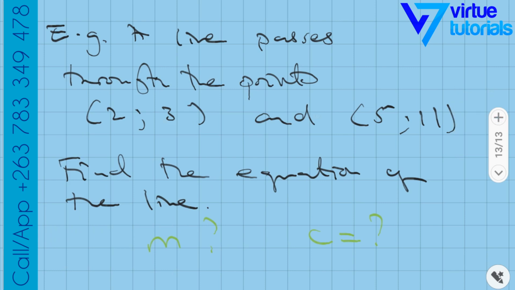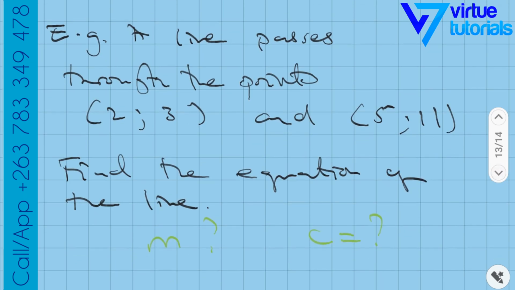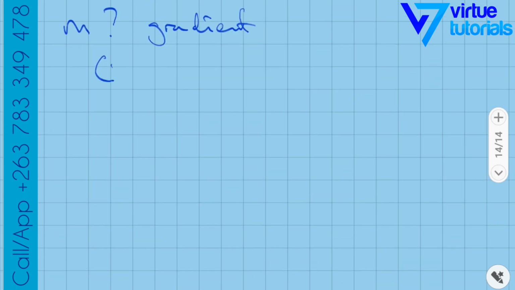So now let's take these 2 points and first of all start with our m, our gradient. Our points are (2, 3) and (5, 11). Now we know the first point will be (x1, y1) and the second point is (x2, y2).